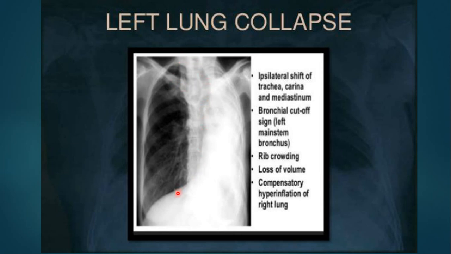You can see that most likely the left hemidiaphragm is somewhere here, because there is compensatory elevation of the left hemidiaphragm. Okay, and you can see the ribs here are crowded, very close to each other compared to the other side. So all of these are direct and indirect signs of volume loss.